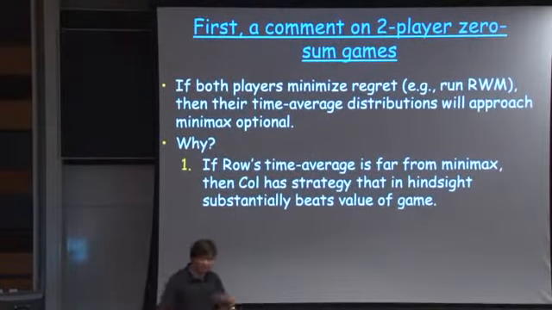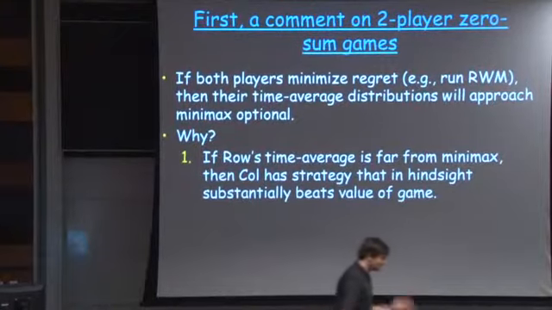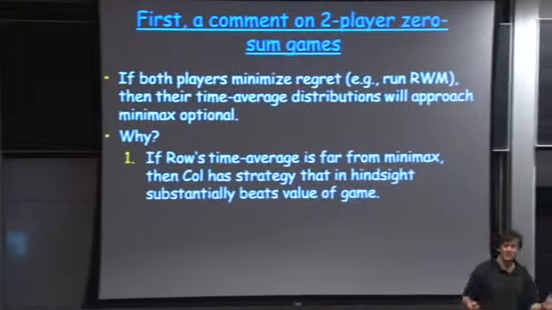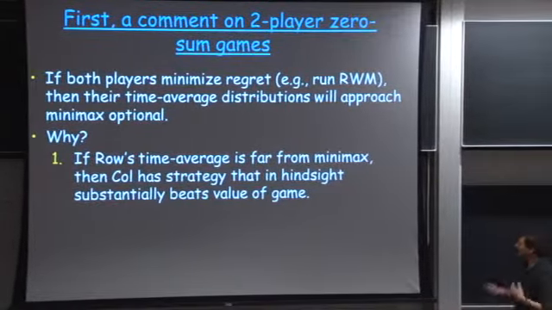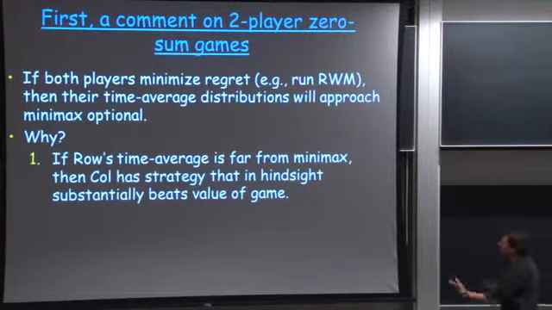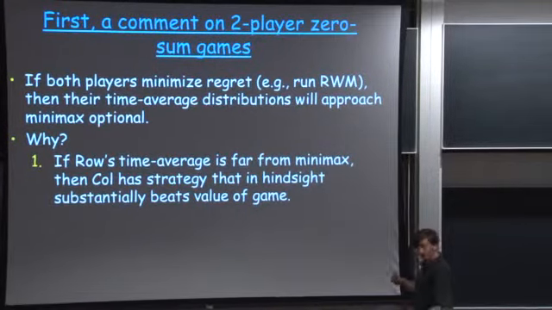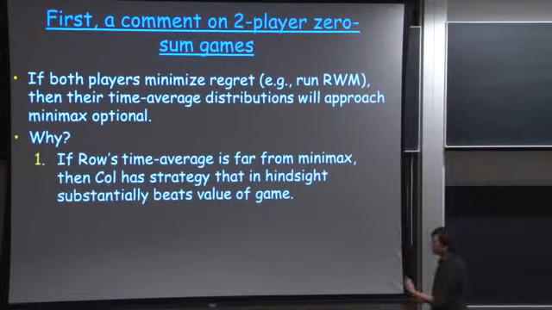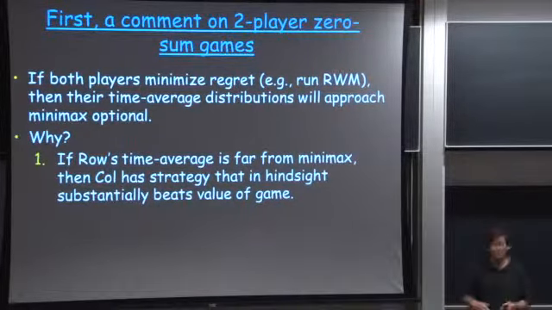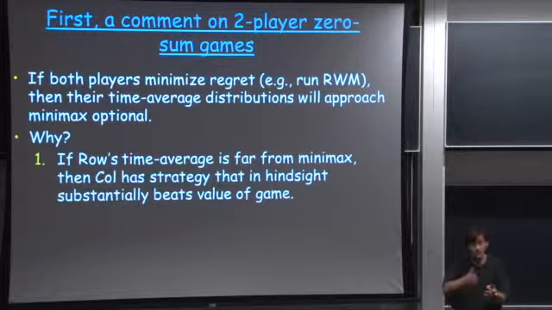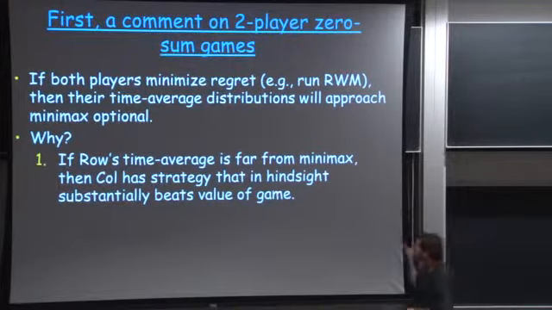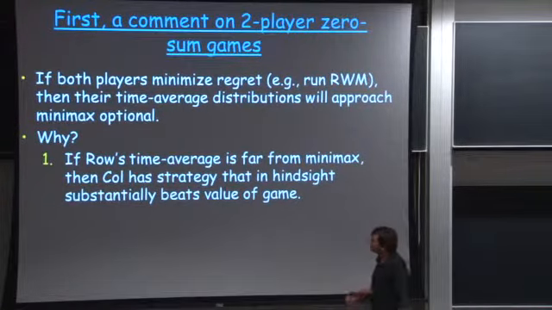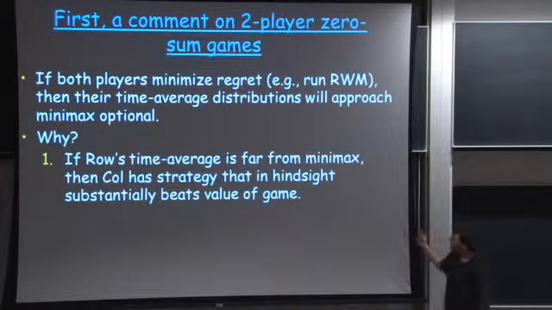It's been a while since yesterday morning, so I want to get back into thinking about this. Let's say we have two players, row and column player, and they're each minimizing regret. Suppose that the row player's time average strategy, meaning you just average all the distributions they're playing at time 1, time 2, and so forth, is far from minimax optimality. Then the column player would have a strategy that in hindsight would substantially beat the value of the game.